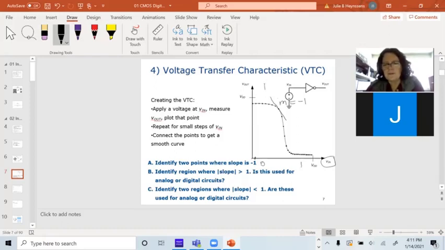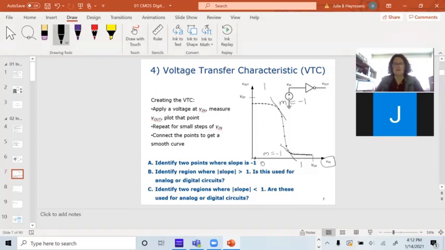There are 2 places it passes through that. One, we're just going to eyeball it here, like we did in 280. Mentor's got a really nice tool where you can actually plot the derivative of the curve and see where it passes through the -1 point. That's one of the reasons why I like Mentor so much better.